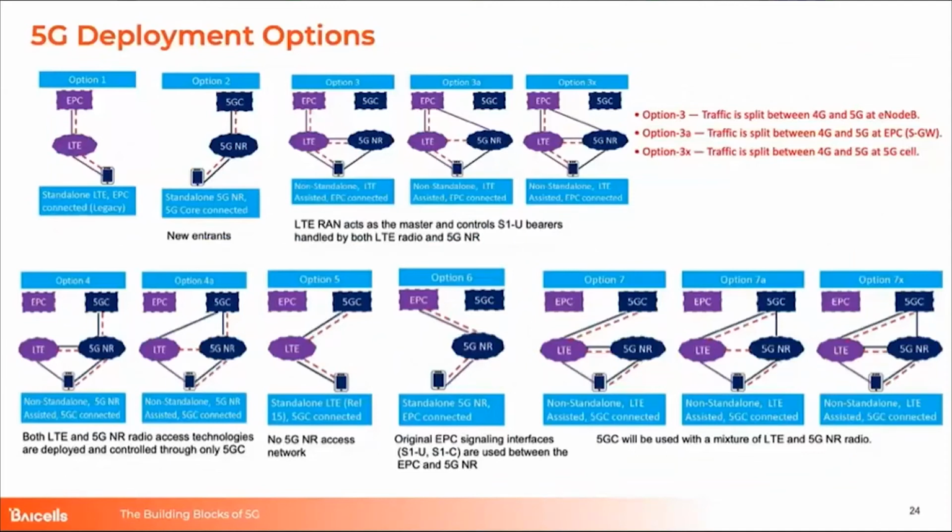Option 3 is where you introduce the new gNodeB into your already existing LTE network. No 5G core is implemented here. Depending on the option, whether 3, 3A, or 3X, you determine where you're going to split the traffic between 5G and 4G.